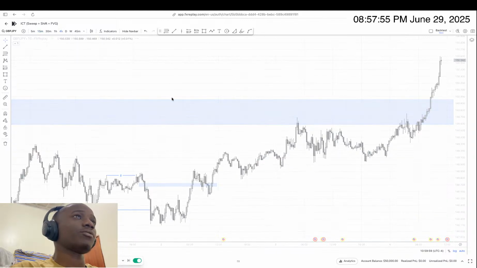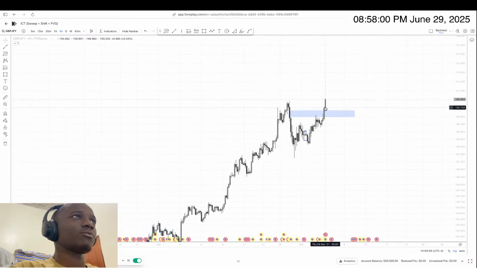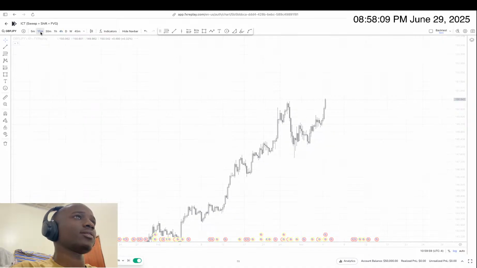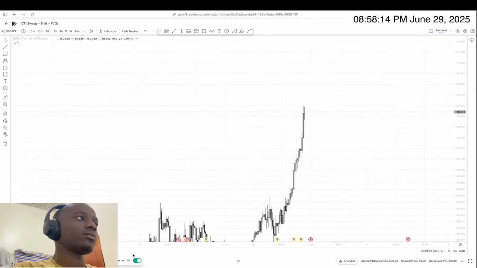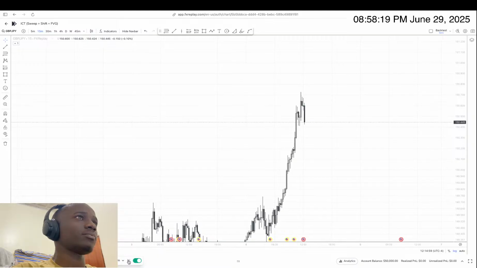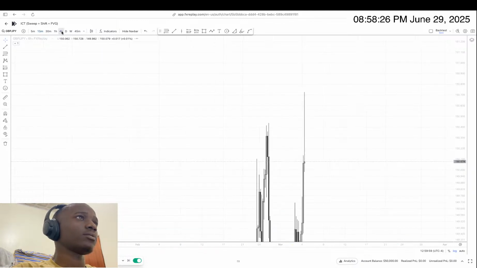Anyway, going on the 4-hour, it's obvious that we're bullish and we're about to create a break of structure here. So it's 9 in the morning. Get a small fair value gap retracement. Oh, 4 hours looking crazy.